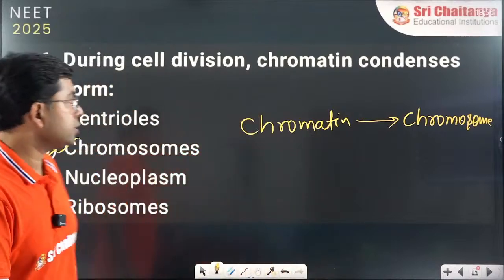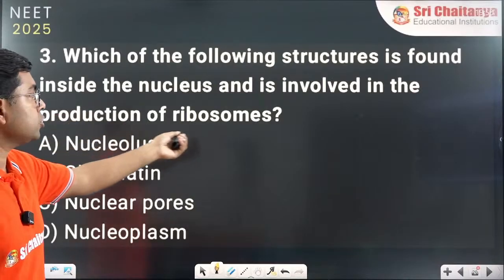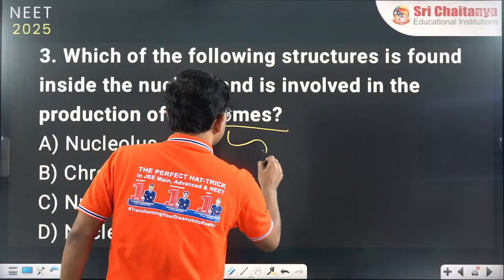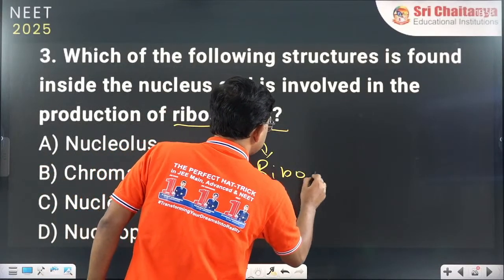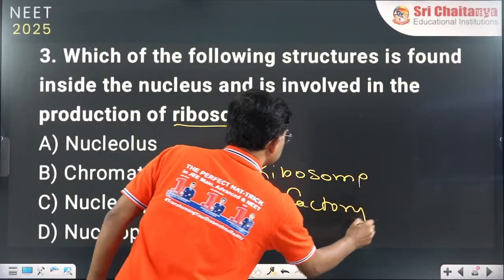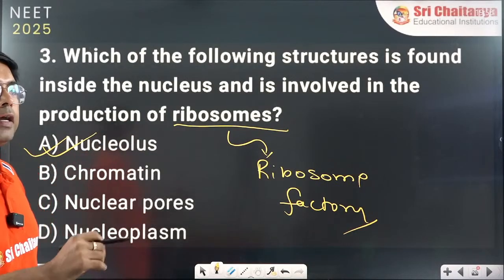So all these questions are from the nucleus. Which of the following structures is found inside nucleus and involved in the production of ribosome? I am asking about the ribosome factory. So nucleolus is the ribosome factory. Very good.